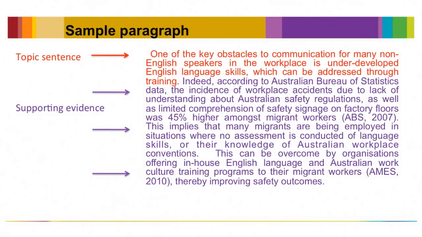We have the use of linking words applied here, which can help your ideas to flow. Words like indeed, and references like this implies, which is referring to the previous sentence. Words like thereby. All of these can support you in helping to write sentences that flow from one point to the next.